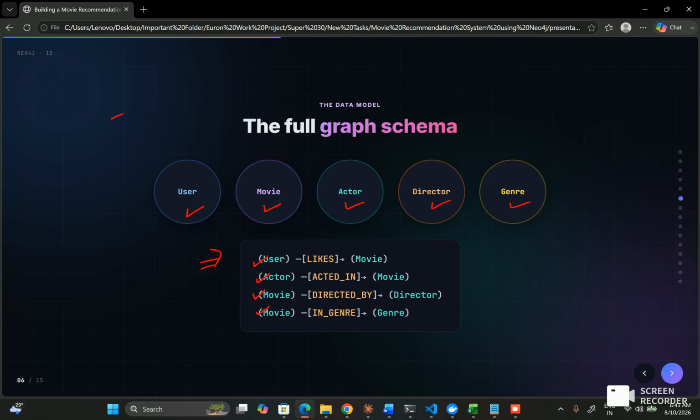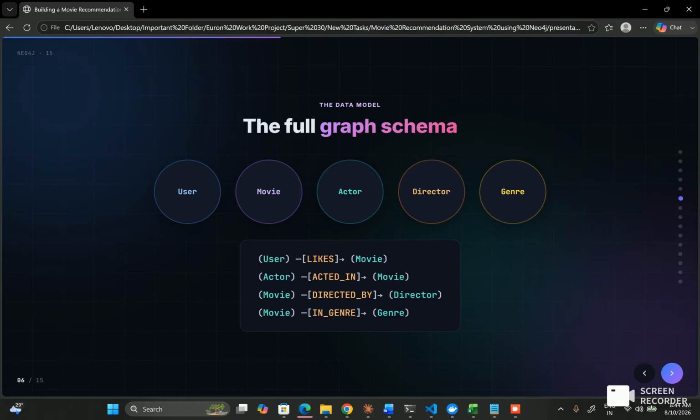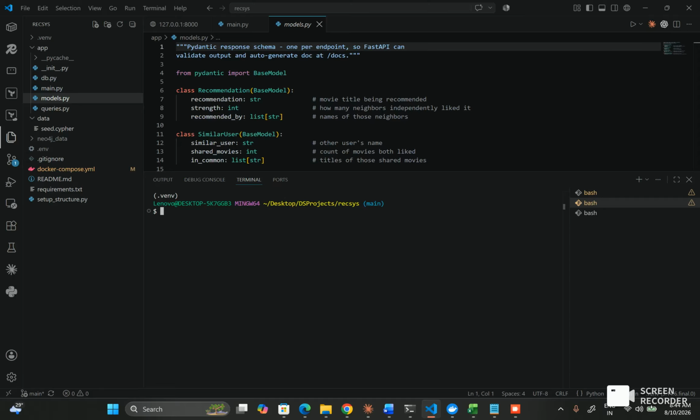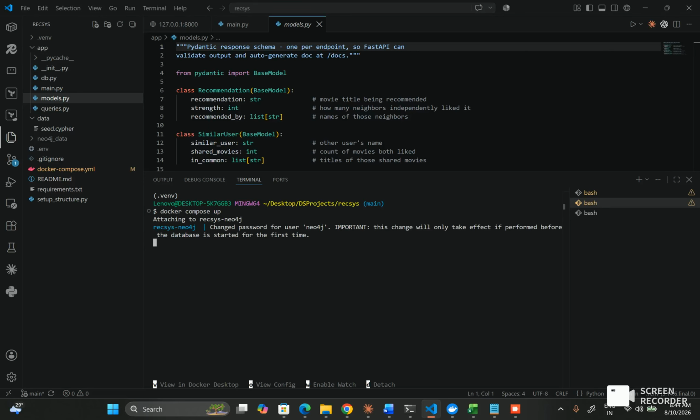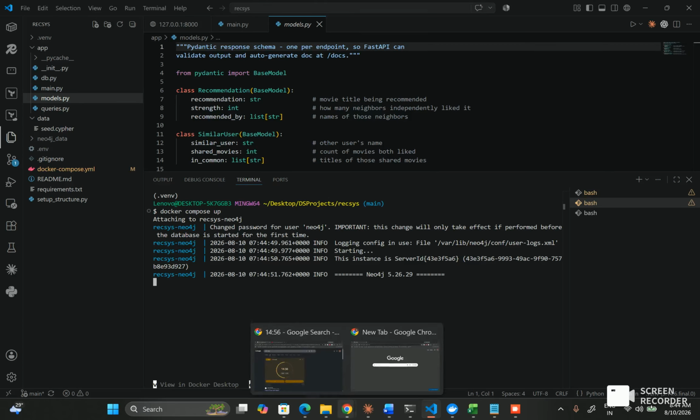And this is the theory. Let me actually show you the schema alive with the real data behind it instead of just this diagram. Let me come over here and check if my Docker is up. Yes, it is up.